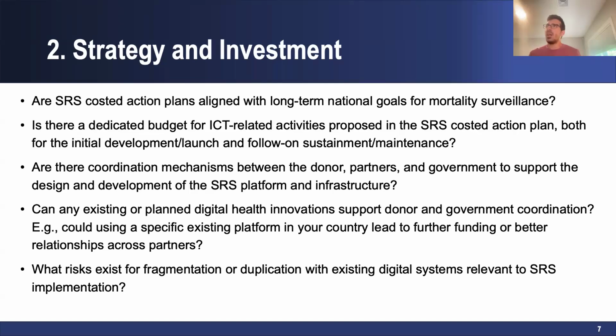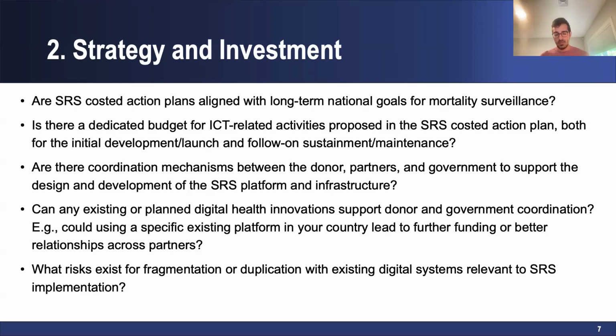If we have a long-term, multi-year programmatic sustainment view, what coordination from a strategy perspective needs to occur between the donor, partners, and government as it relates to the SRS platform and infrastructure? And can any of those planned digital health innovations support that coordination in any way?